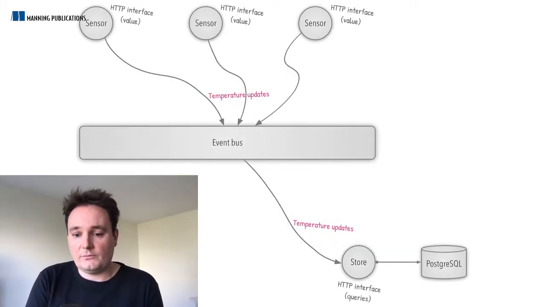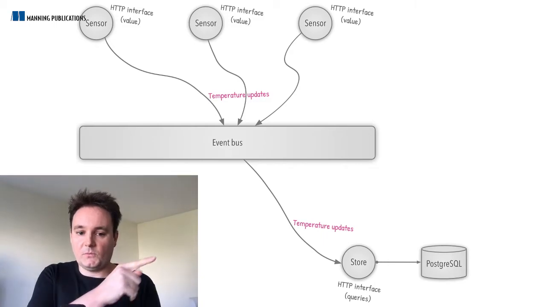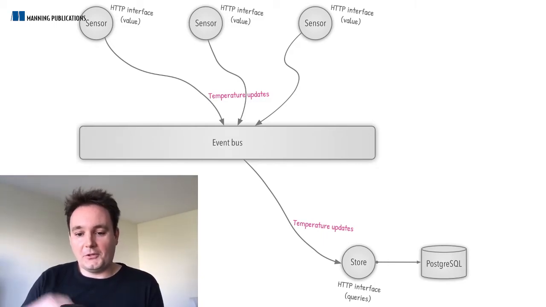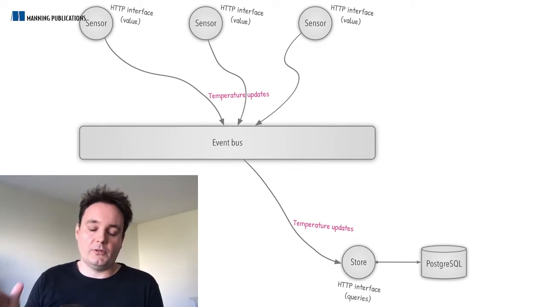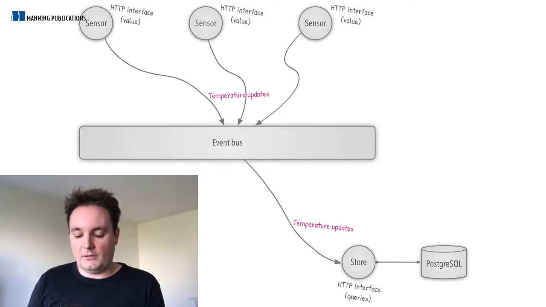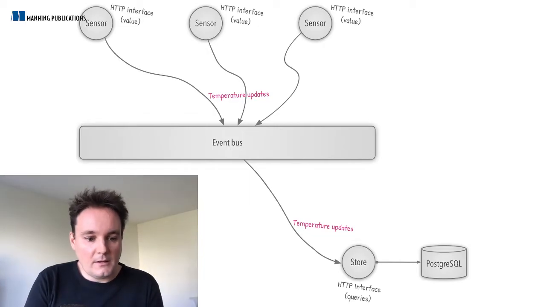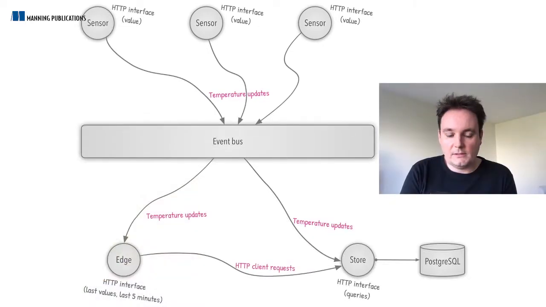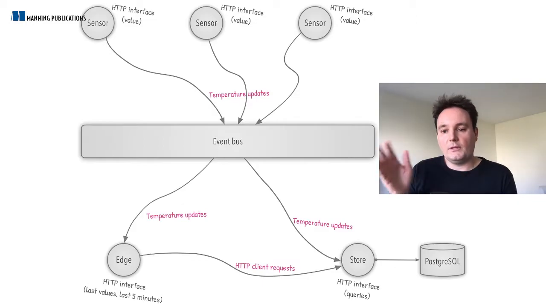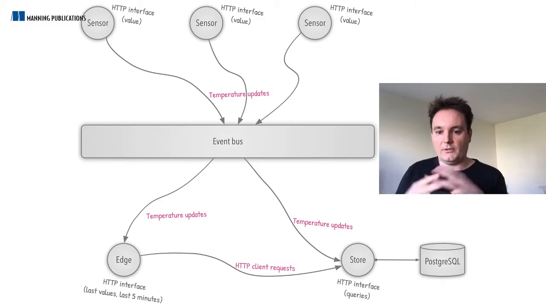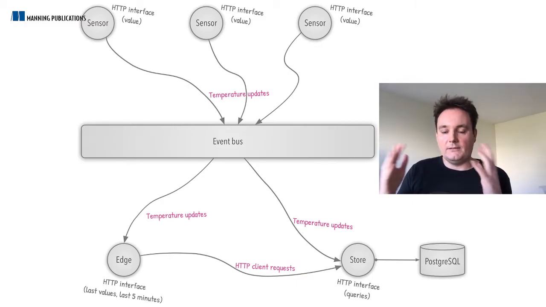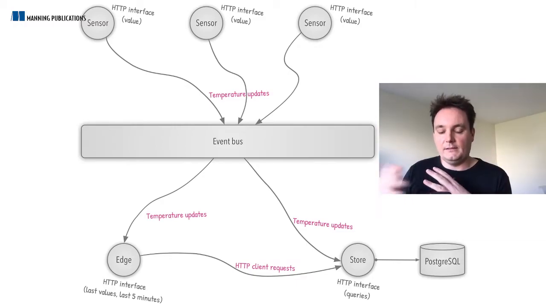In a second step, we'll have another microservice, which is going to look for all temperature updates and store this into a Postgres database. And it will also expose some queries over some HTTP API. The third step, we're going to have some gateway/edge service, which is going to give us a simple API to get all the latest data or some very specific data.